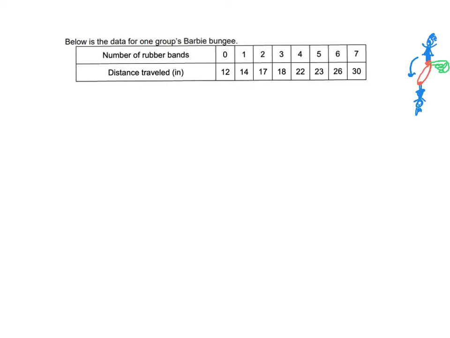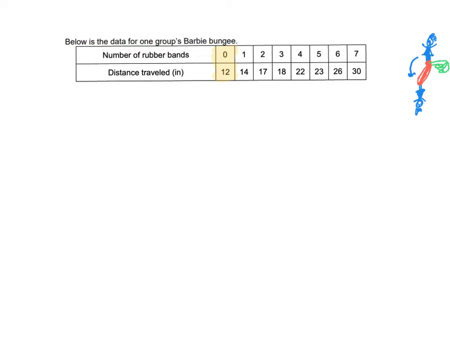So that's what we're trying to figure out here. Now we had a single band or a single string attached right here. So the first one that you see is 12, because it's a 12-inch string. So she fell 12 inches with no rubber band at all.